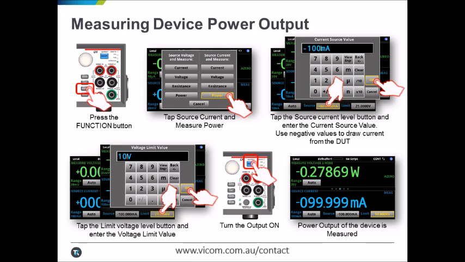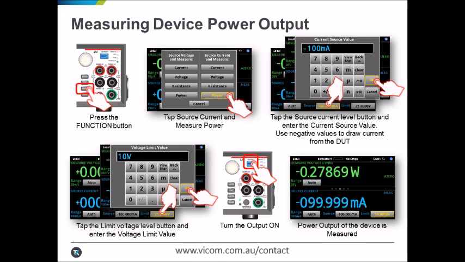As I said earlier, in addition to being able to source power, SMUs can sink power as well, making them great for measuring power output of a device. Like measuring device power consumption, measuring device power output using the Keithley models 2450, 2460, and 2461 source measure instruments is also incredibly easy.